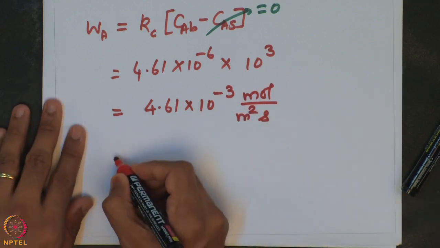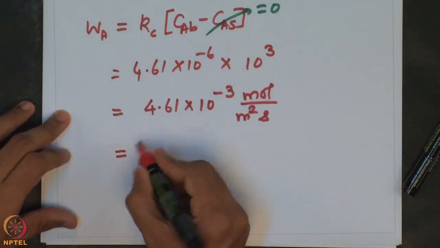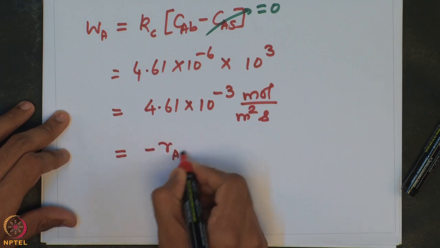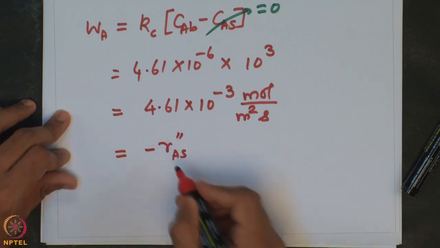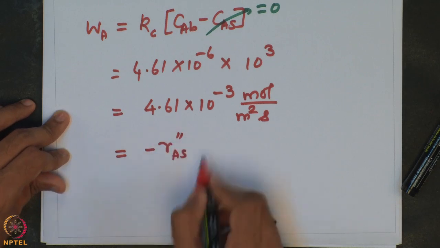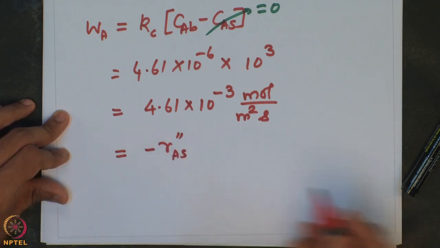Now, by definition, the rate at which the reaction happens per unit surface area, which is the moles of the species consumed per unit surface area of the catalyst per unit time, is equal to the same quantity which is here. So, this is nothing but minus r_AS, the rate at which the species is consumed per unit surface area of the catalyst.